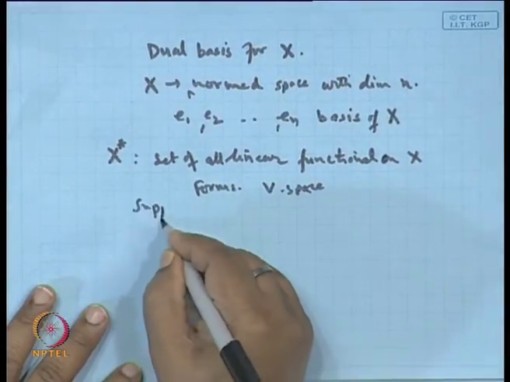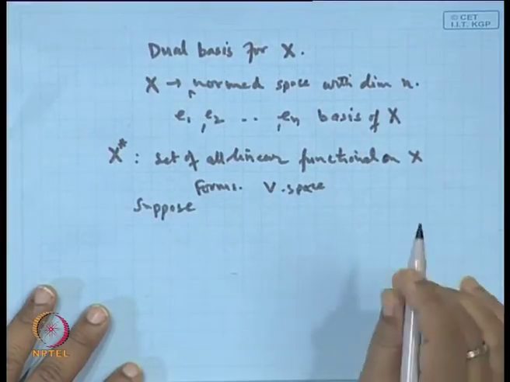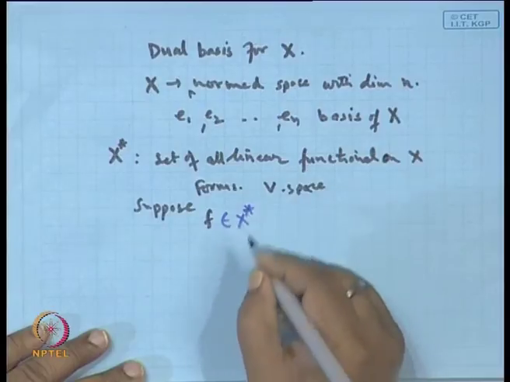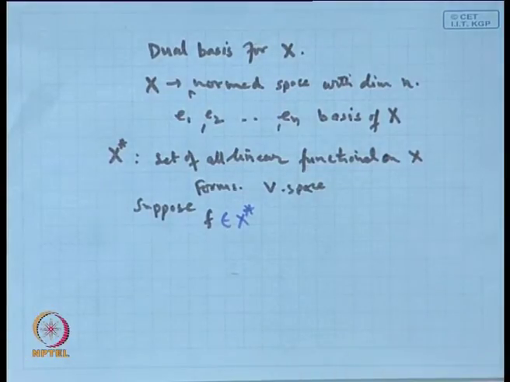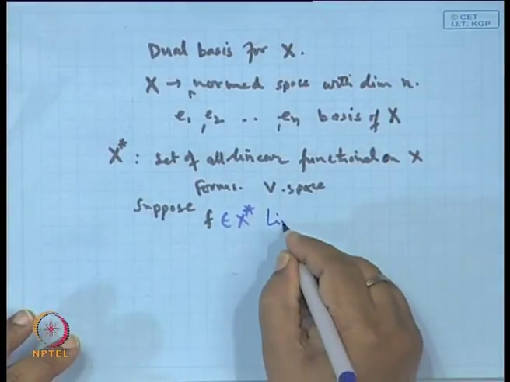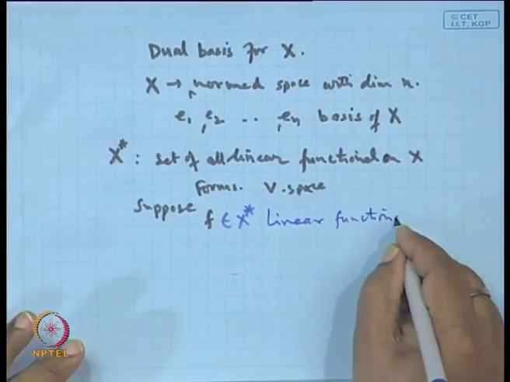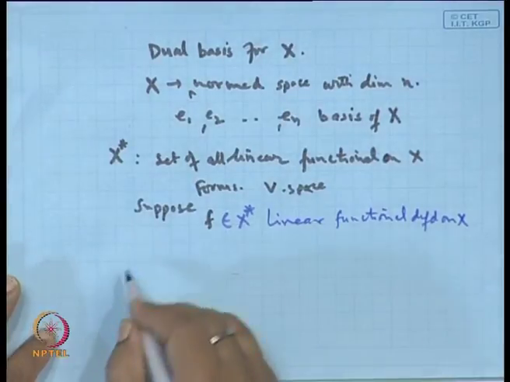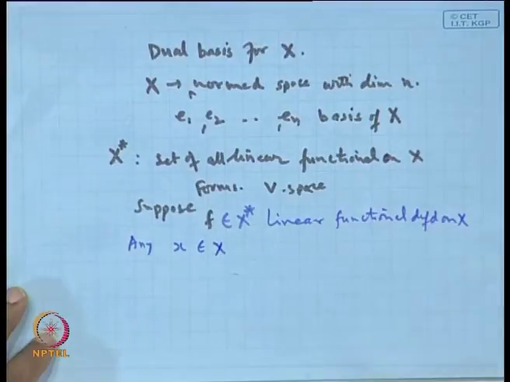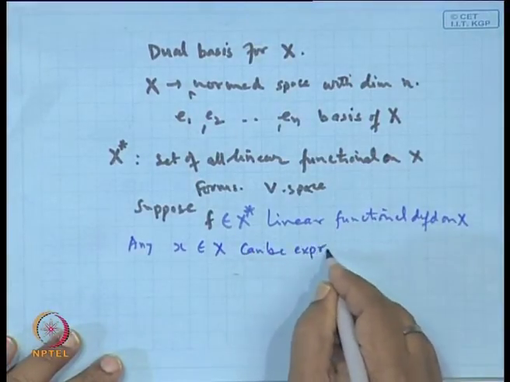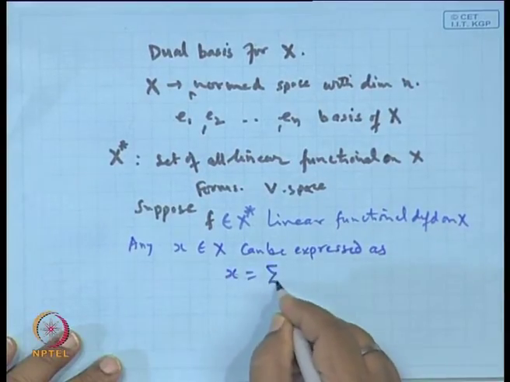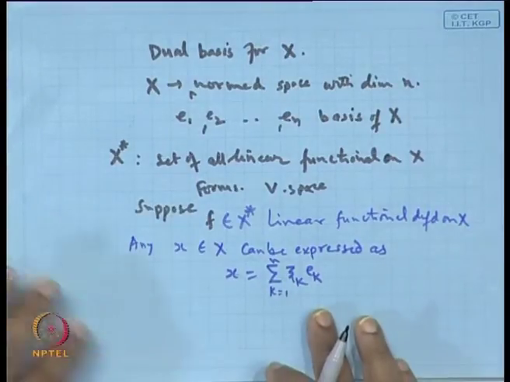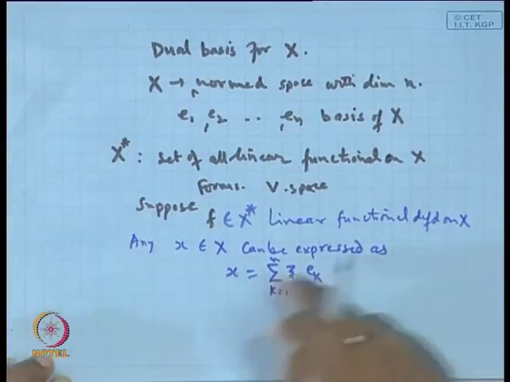So, suppose f is an element of X star, that is, f is a linear functional defined on X. Any element x belonging to capital X can be expressed in terms of the basis elements as sigma xi k e k, where E1, E2, ..., En are the basis for X. f is a linear functional defined on it.